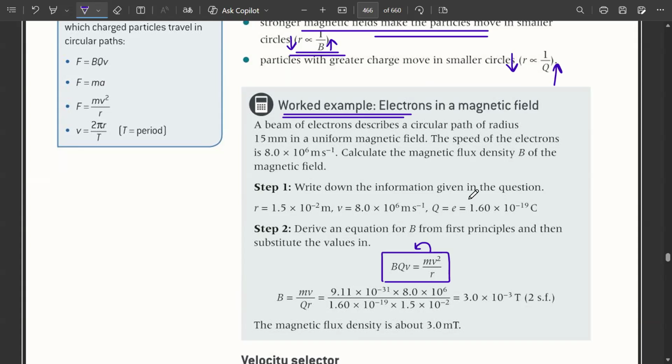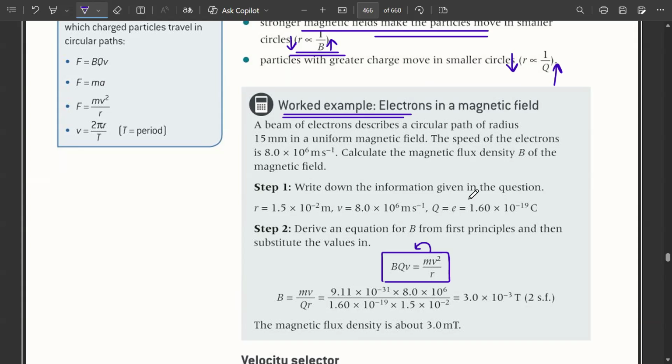They equated BQV to mv squared over R, and they substituted the values, then rearranged it to find B, and then that gave them 3 times 10 to the negative 3 Teslas.